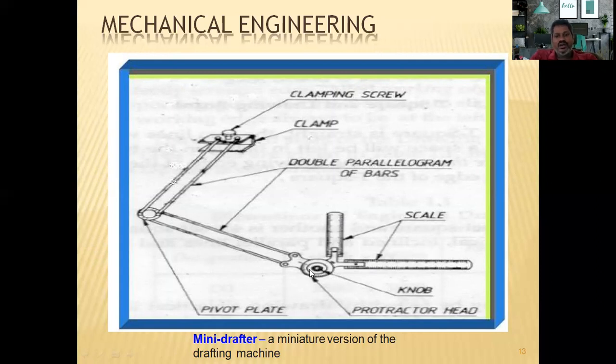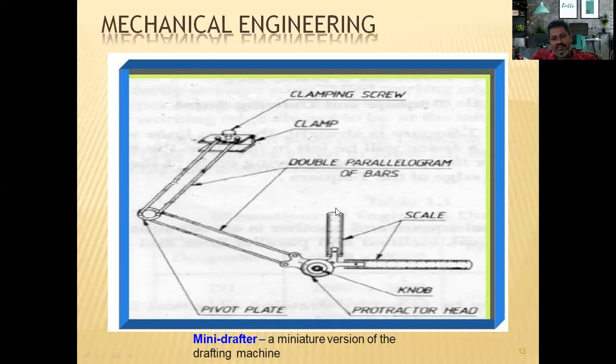Here you also have the protractor head. Whenever we want to draw inclined lines, these two scales will be twisted or rotated to the desired angle, and using these edges we are going to draw the inclined lines on the drawing sheet.